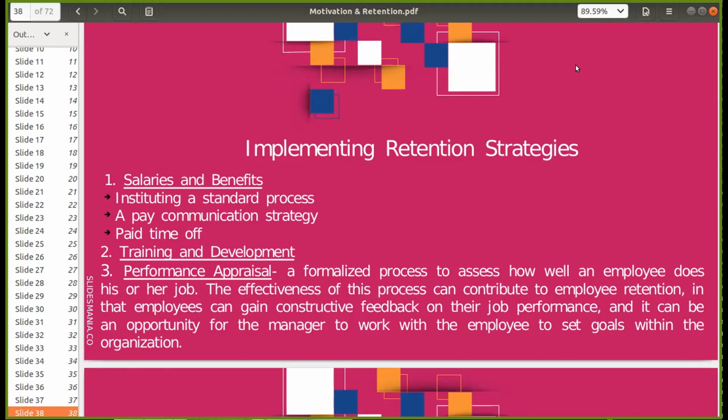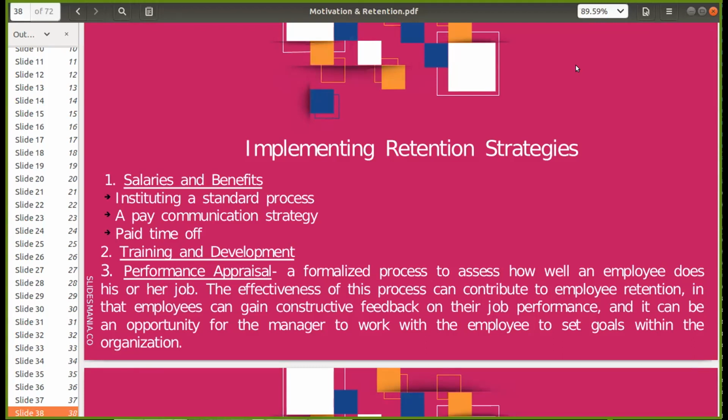Performance appraisal, so this is a formalized process to assess how well an employee does his or her job. Ina-appraise ka, depende sa company, no? Nung kami, performance appraisal namin is every like 6 months.